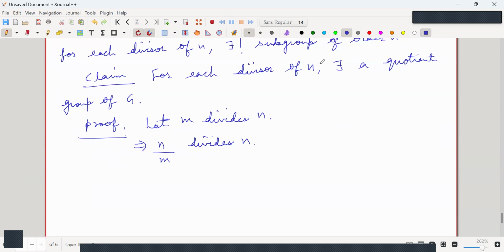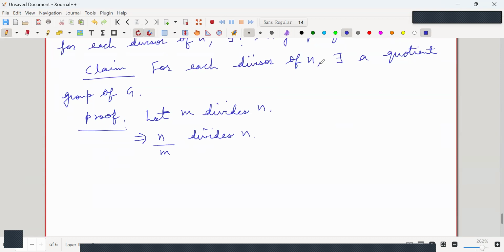Okay. So now we can use the above criteria that there exists H normal in G with order of H equal to n by m.